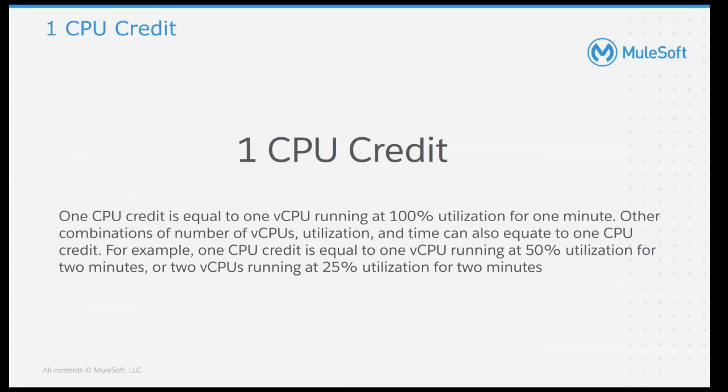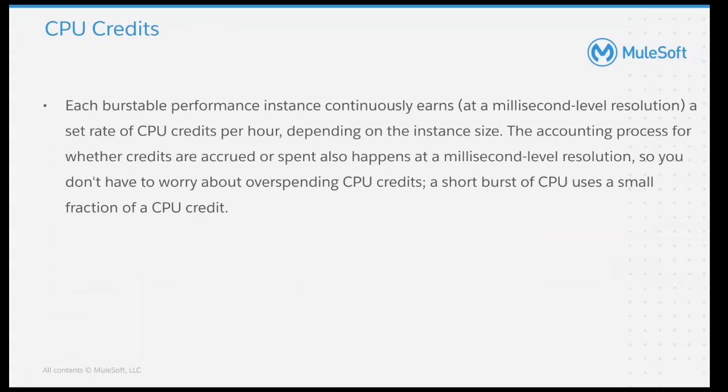There is a lot of calculation that happens, but just to give you a short answer, we have bursting capabilities that give you better performance for a shorter period of time, and then it goes back to normal processing. If you're not using the bursting capability, the credits get accrued until you actually use them.